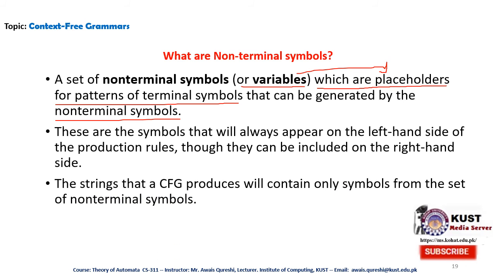The strings that a CFG produces will contain only symbols from the set of terminal symbols, because non-terminal symbols are used in generating different strings. When strings are generated, those strings contain the replacements of non-terminal symbols.